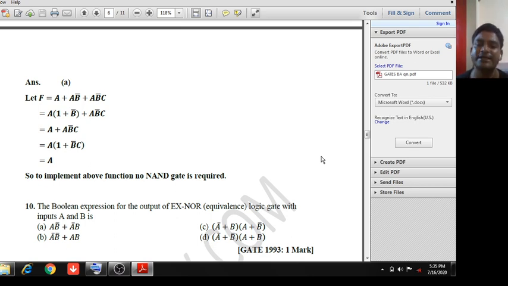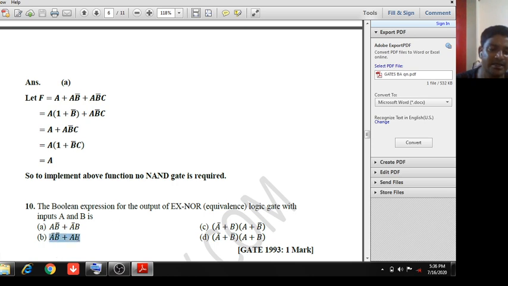In any digital circuit there are always two possibilities, one in SOP form and one in POS form. In SOP form, for XOR, 0 0 means 1 and 1 1 equal to 1, so A bar B bar plus AB.